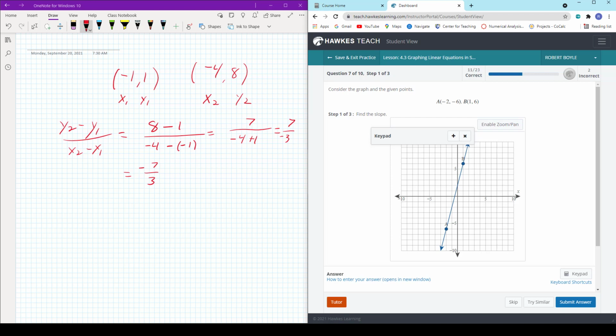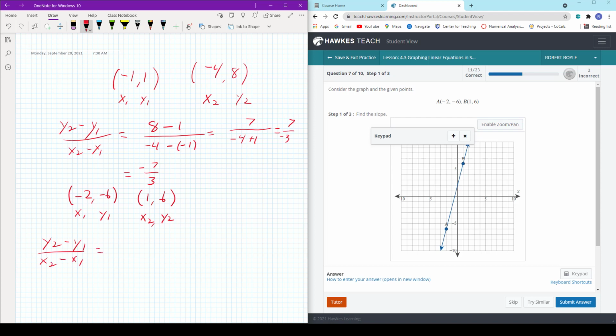So we have negative 2, comma, negative 6, and then we have 1, comma, 6. I'm going to call this x2, y2. I'm going to call this x1, y1. So we will have y2 minus y1 over x2 minus x1.